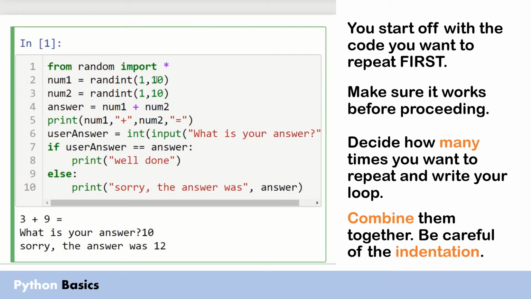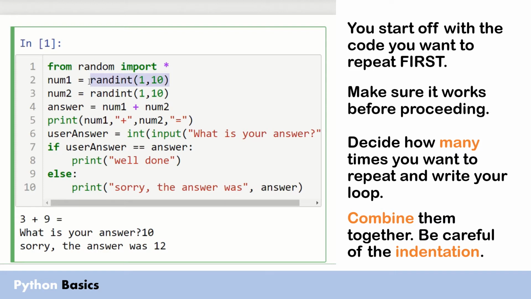So when integrating while loops with other code, the first thing to consider is, what code do you want to repeat? Let's consider this code that I have at the moment. It will create a random maths question, ask the user to enter an answer, and then check to see if that answer is right. Let's quickly go through this code. First of all, I use from random import star. That gives me access to the random library, which allows me to pick a random number.